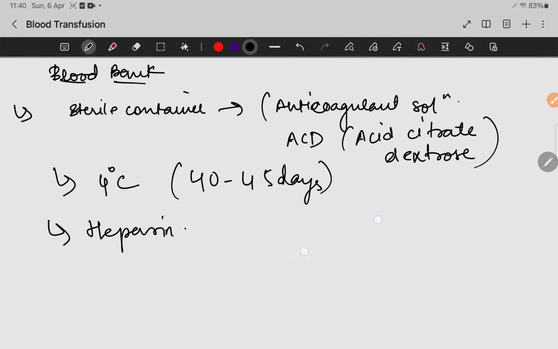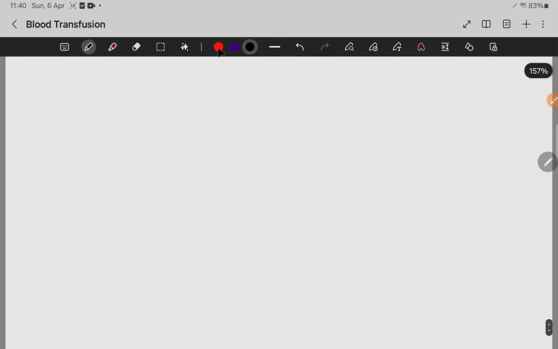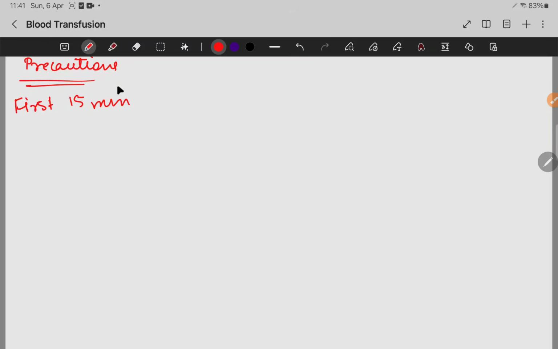Okay, what precautions will you take while doing a blood transfusion? Precautions while doing a BT. In the first 15 minutes, you have to slow the flow rate.